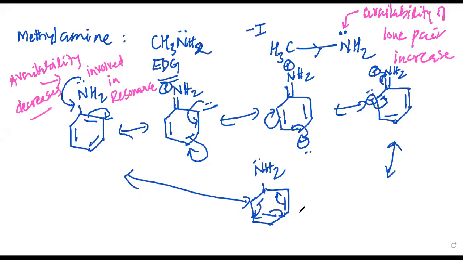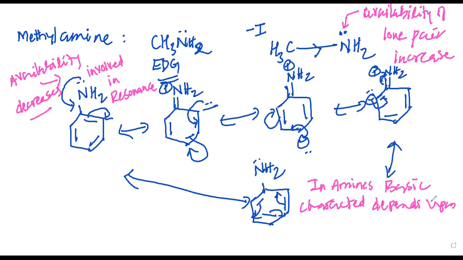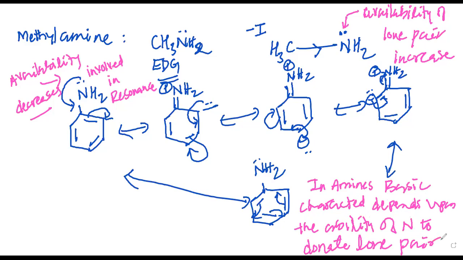Now, my dear students, basic nature depends upon the ability of nitrogen to donate the electron. In amines, basic character depends upon the ability of N to donate the lone pair of electron.